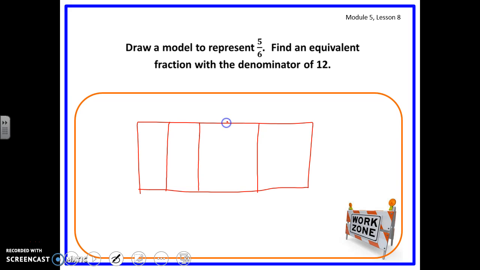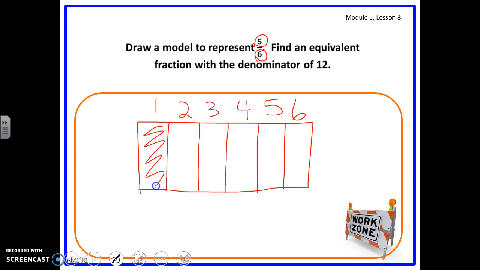I made thirds, and I know that 6 are half of 1/3, so I can just divide those in half, and now I have nice, 6 equal parts. And I made 6 parts because it says 5/6. So I know I have 6 total parts. And since I have 5 of them, I now shade in 5 of them.